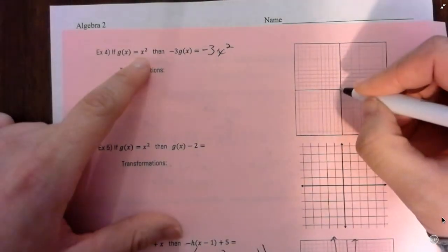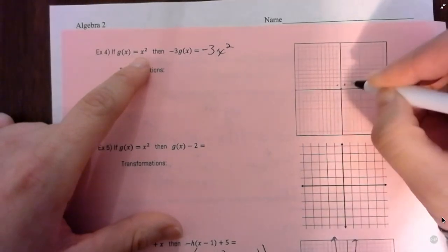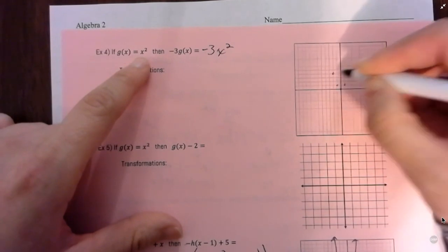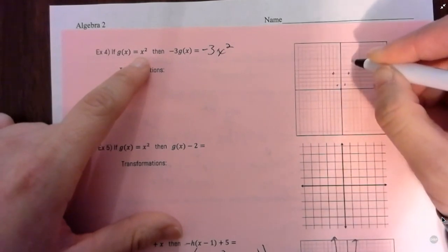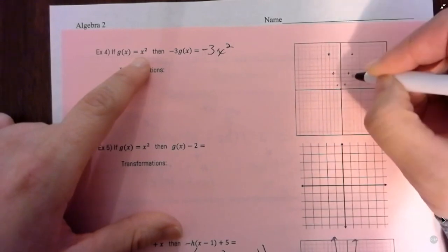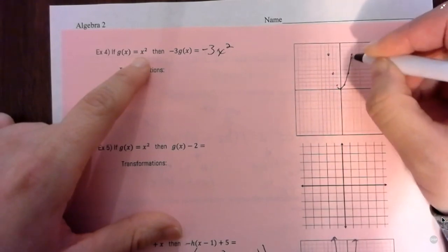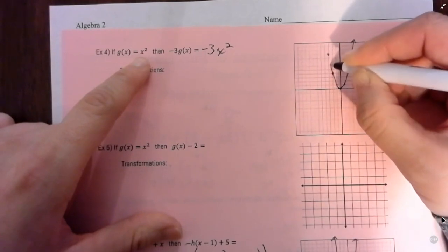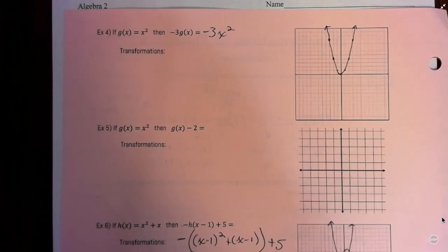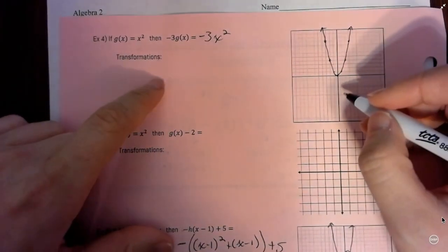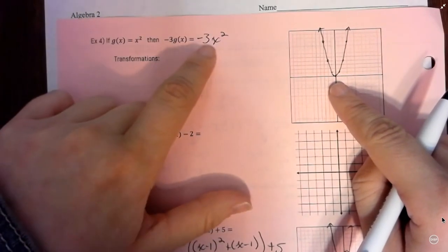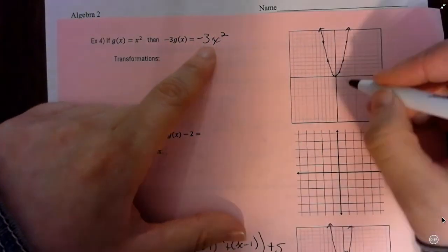So my parent function looks like this. And then my transformed function is going to look like this.